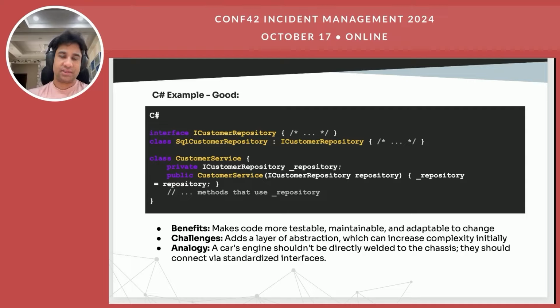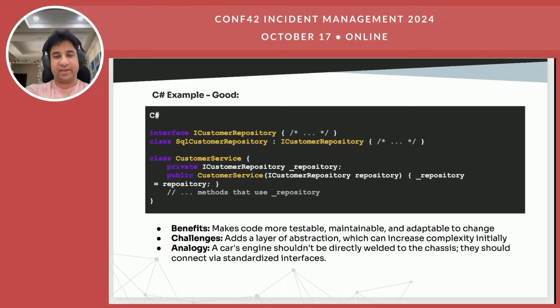The customer service class only depends on the interface. It does not know about the low-level implementation of the ICustomerRepository, whether it is coming from SQL repository or Dynamo repository or any other database repository. It is completely independent of it. So the chances of a low-level implementation breaking a high-level implementation is super low.